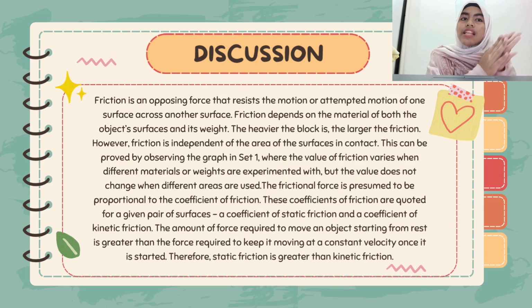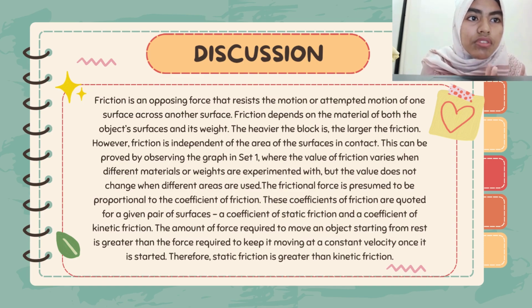Discussion. Friction is an opposing force that resists the motion or attempted motion of one surface across another surface. Friction depends on the material of both the object's surface and its weight. The heavier the block is, the larger the friction.